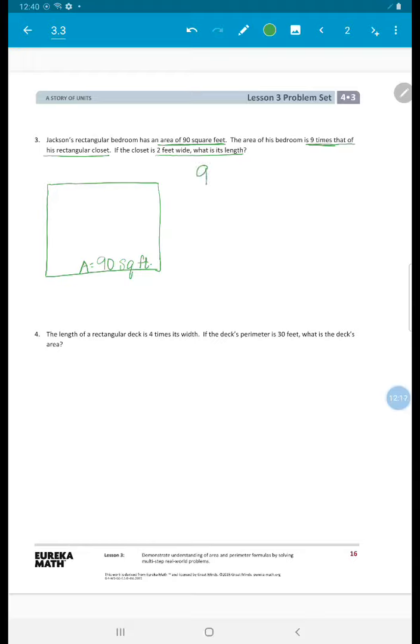So 90 is, the area of his bedroom is, remember we can substitute the word equals, 9 times the area of his closet. So that's my unknown, or what's missing. 90 equals 9 times what number? Of course, that's going to be 10. So that tells me that his closet has an area of 10 square feet.